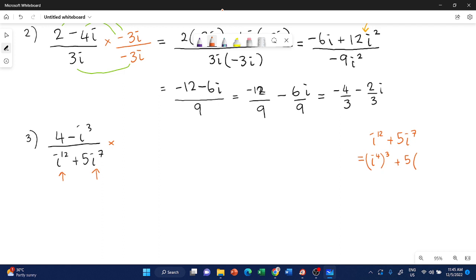How about i power 7, how do we change it? i5 and i2. i5 times i2. Okay, but if we have something like this, is it okay? Do you still remember what is your i power 4?